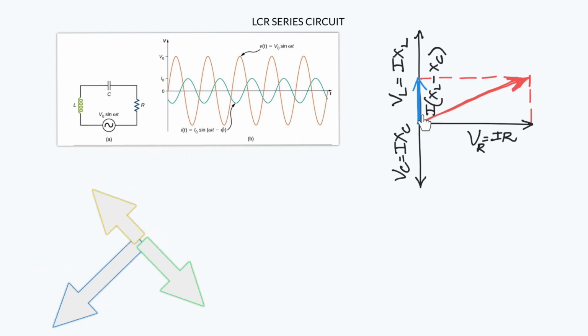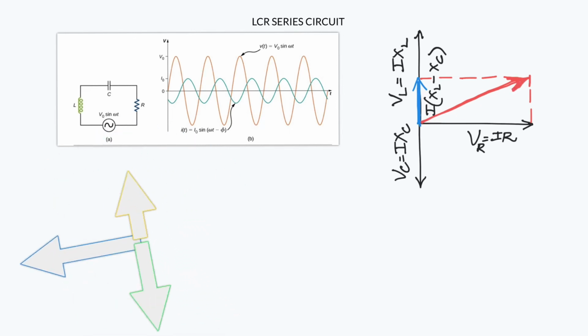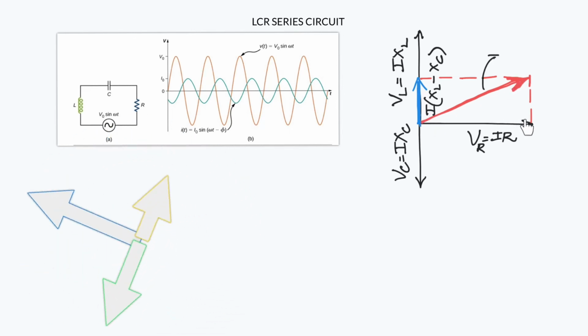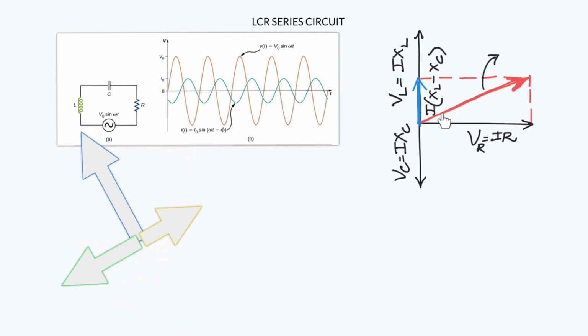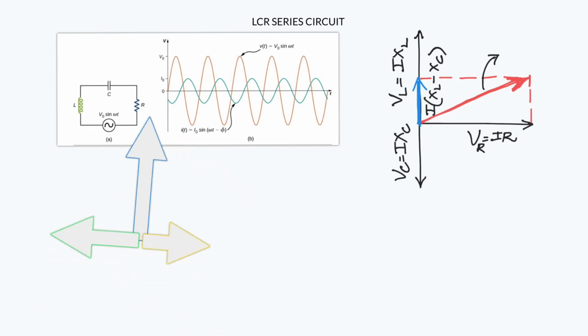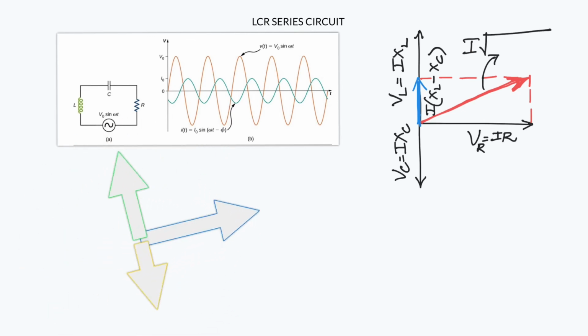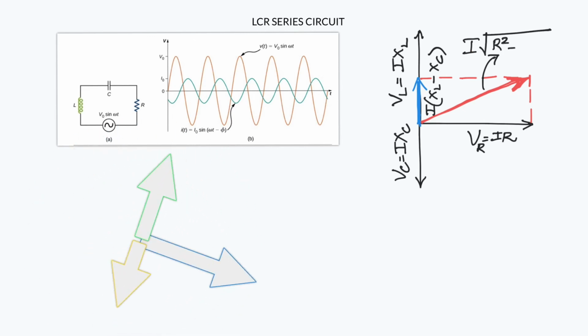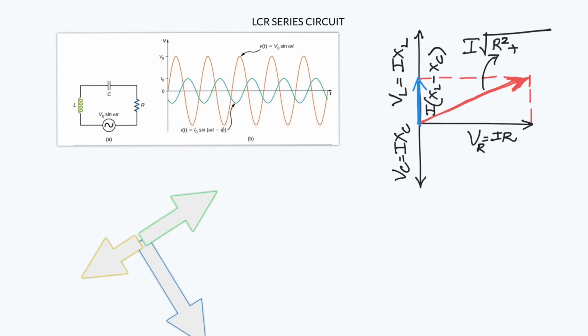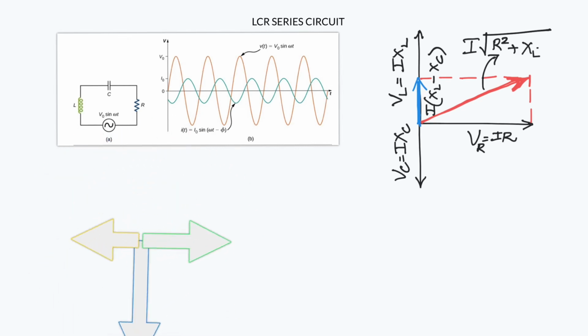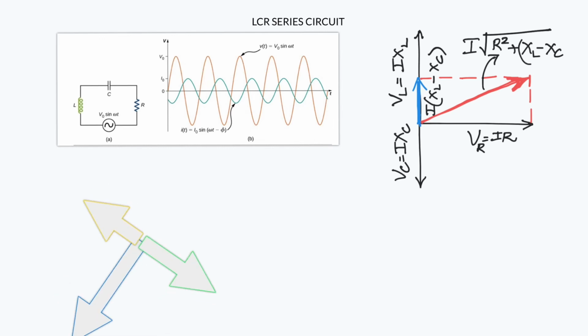And in order to find this, you just have to square both sides, add them up, and take the square root, which is what I'm writing now. It's I, because square root of I squared is I, that's taken out, and R squared plus (XL minus XC) whole squared.